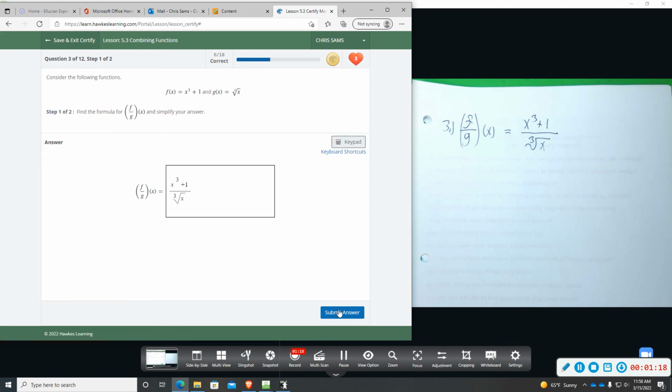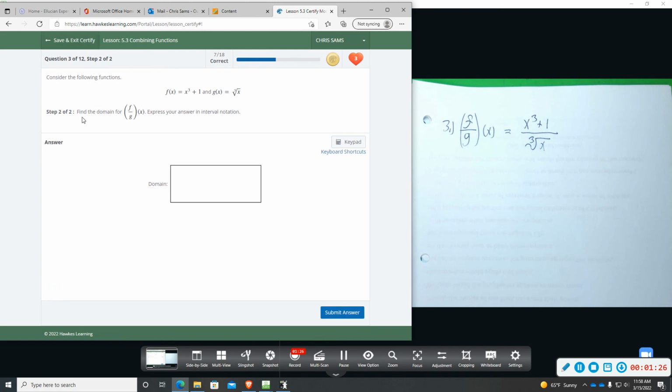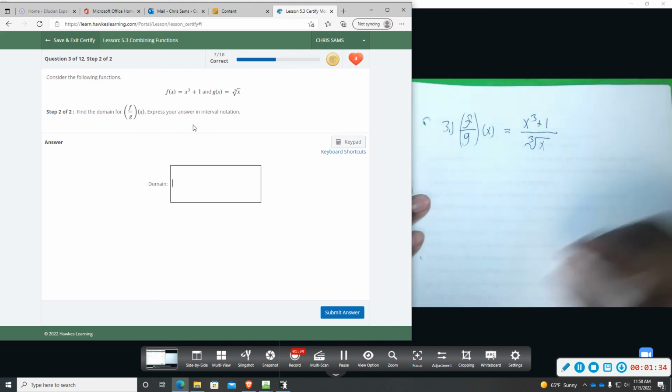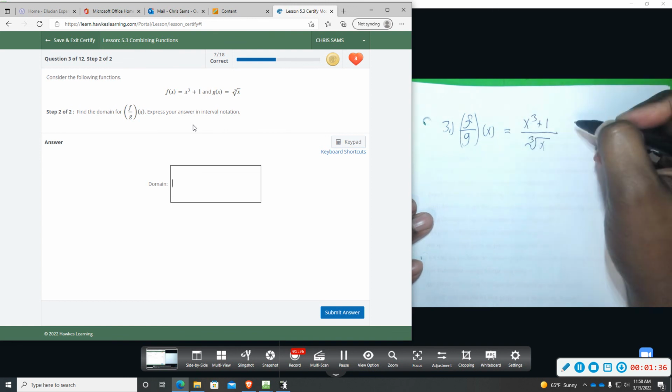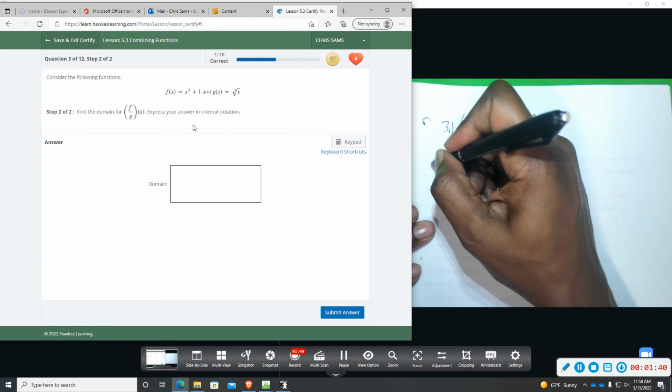So this should be part 1, and then part 2 says find the domain for f divided by g of x. So again, like the previous problem, we want to find the domain of f and the domain of g. So the domain of f is just this function.